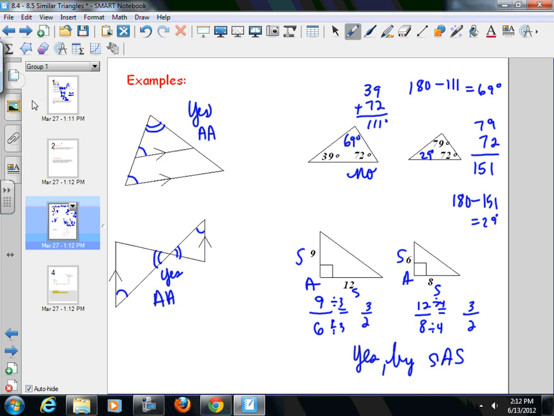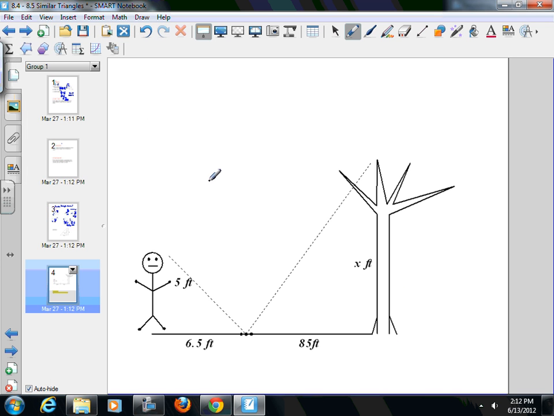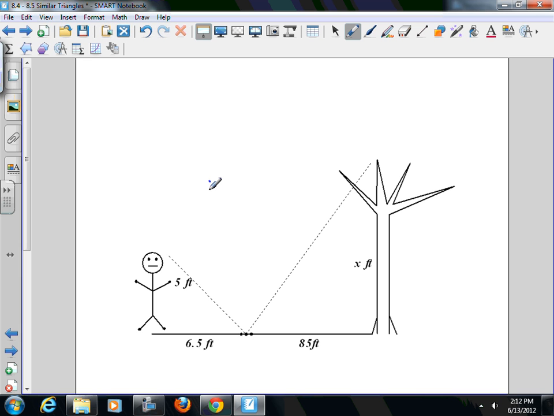Next, we are given this picture. Here is a person standing, and then here is a tree. And notice we have these similar triangles that are being made by this angle of elevation.